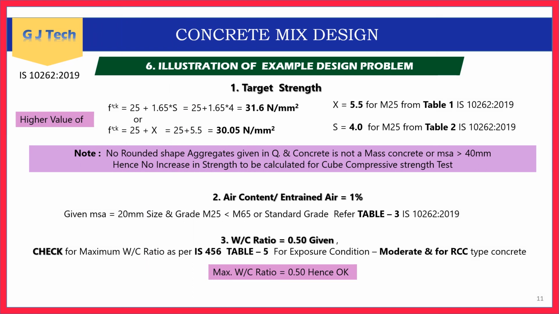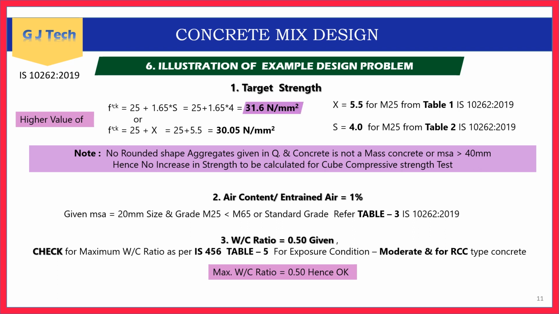So solving the problem, the first variable is target strength. Target strength is calculated from two formulas. One formula uses the standard deviation and the second one uses a factor that depends upon the compressive strength of concrete, that is the X factor. The values for these two are obtained from table 1 and table 2.